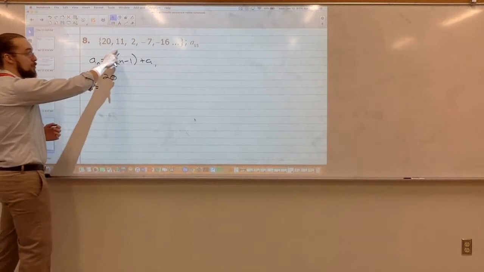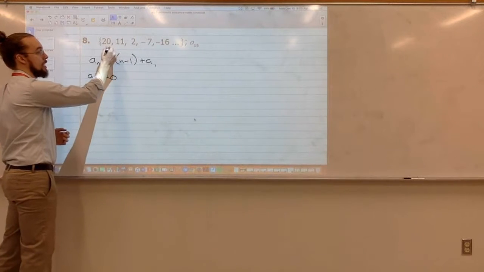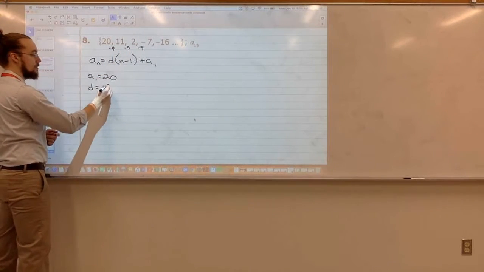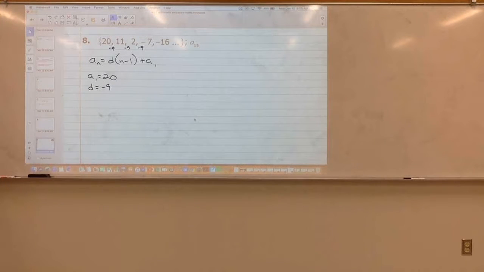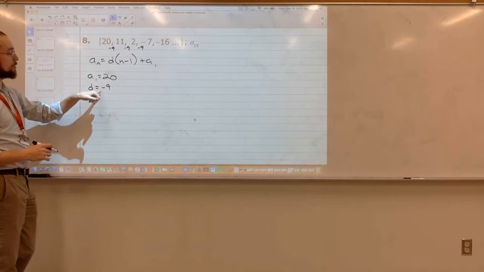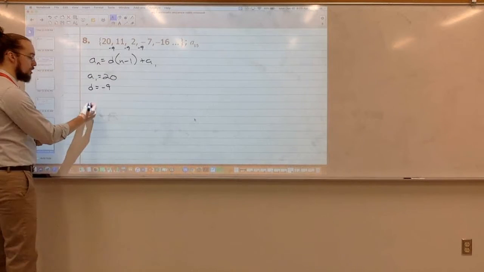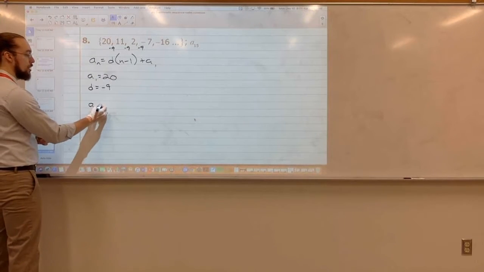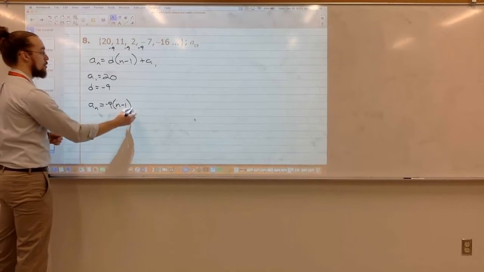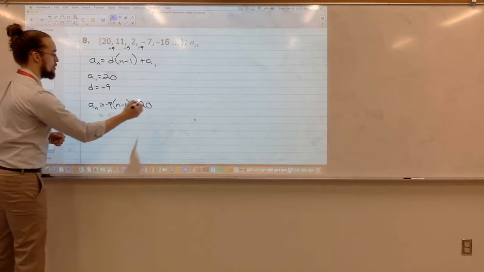If I'm subtracting every time, if I'm going down, that common difference would be negative 9. So I can take these two pieces of information and plug them in for d and for a sub 1. Get that my rule, a sub n, is negative 9 times (n minus 1) plus 20.